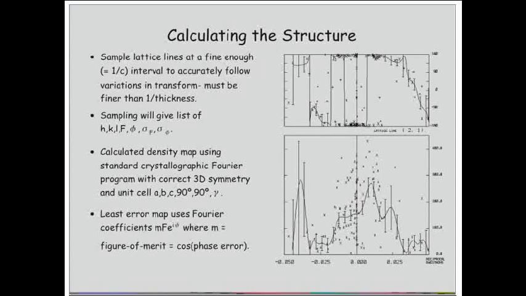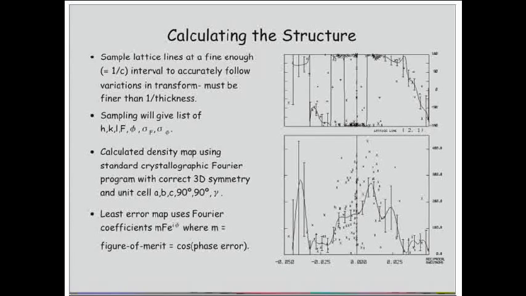So we've made these curves of amplitude and phase along Z star, and then we want to turn those data into a structure. To do that, we need to sample those curves discretely, as though we were actually measuring data from a three-dimensional crystal. So you can think of there being a unit cell in the third dimension, and we're going to sample the Fourier terms, the amplitudes and phases, at discrete points along the curves.